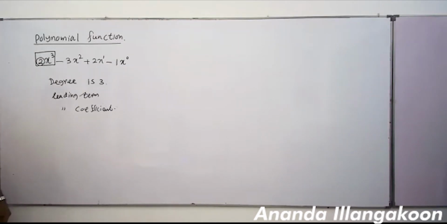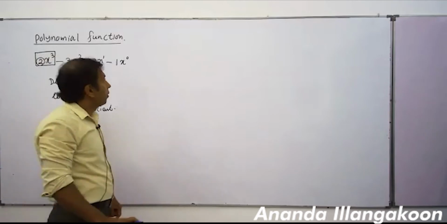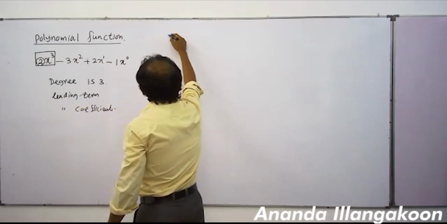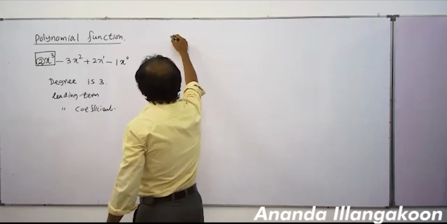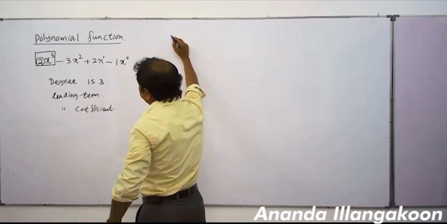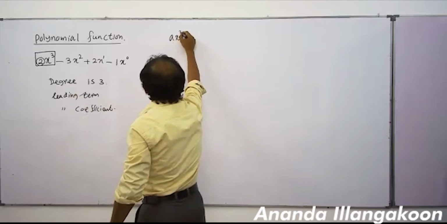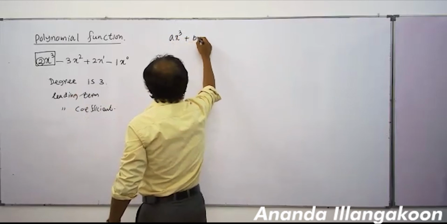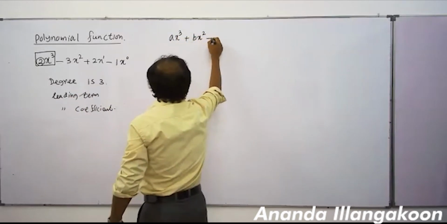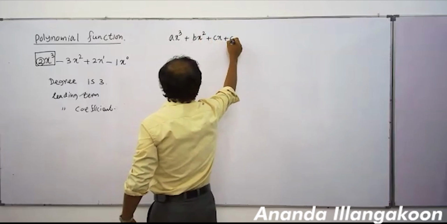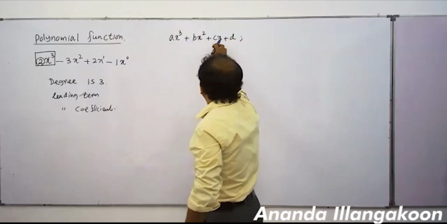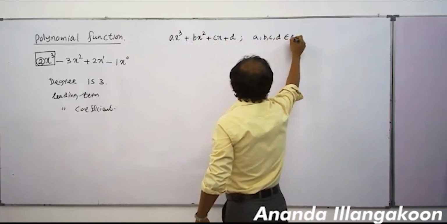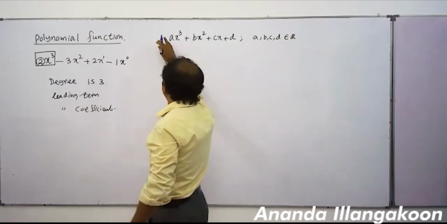Now, when we write a third degree polynomial function in x in the most general form, third degree means the highest power of x should be 3. Then the general form is ax cubed plus bx squared plus cx plus d. Here a, b, c, d are any 4 real numbers. This is third degree.